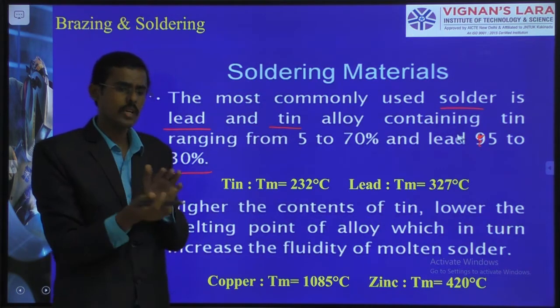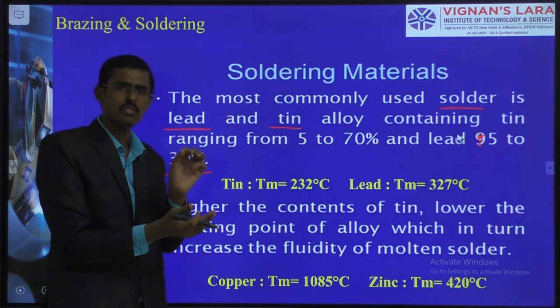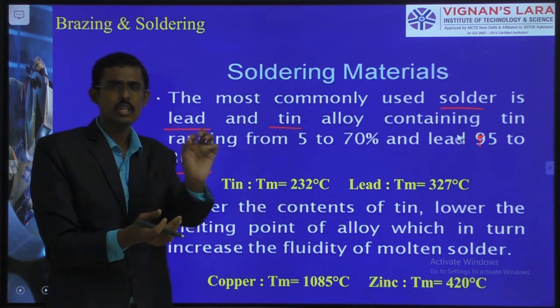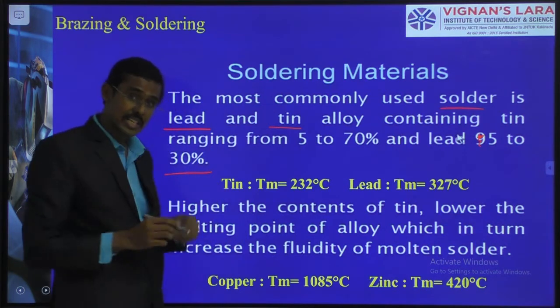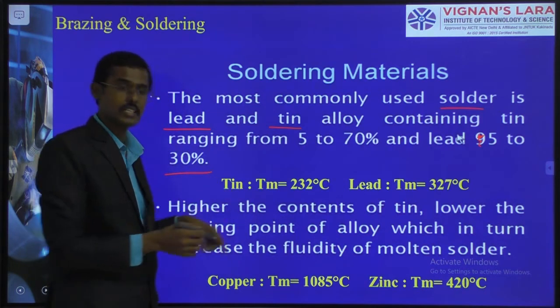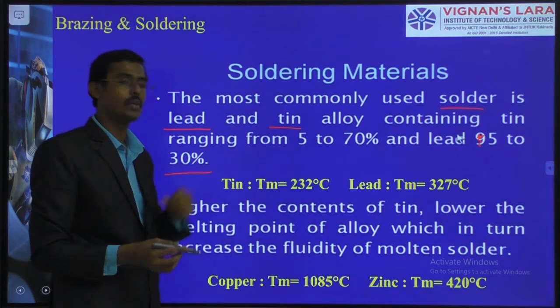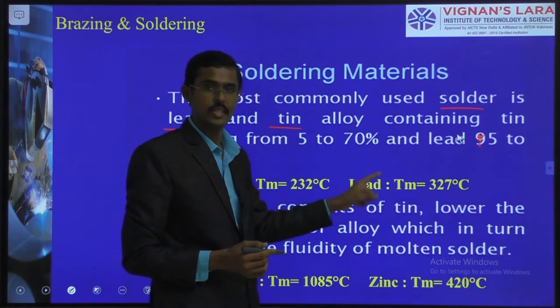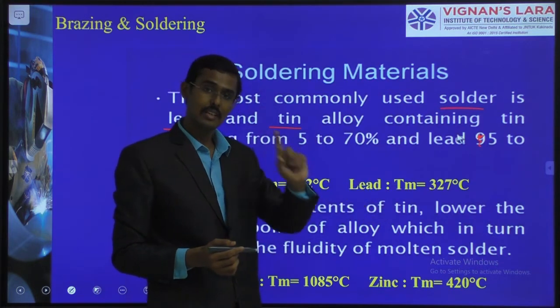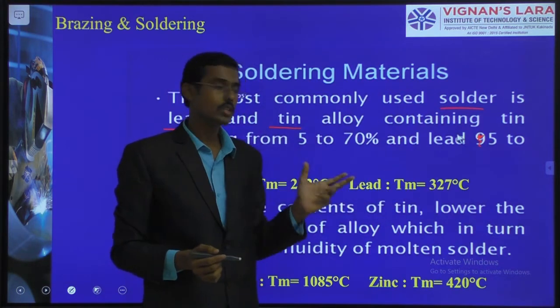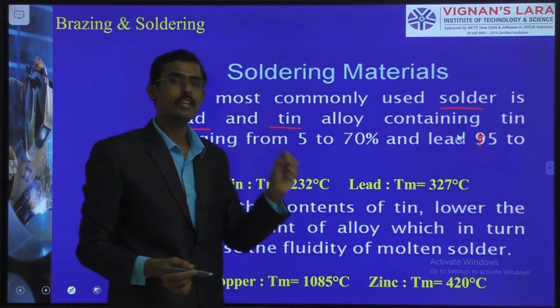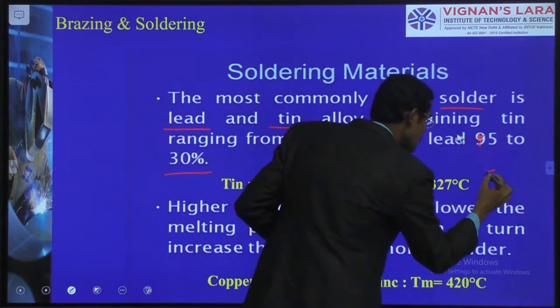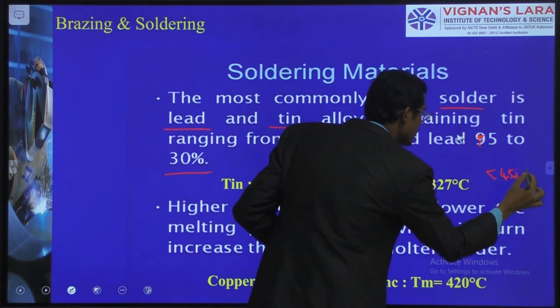Any base material for which soldering is possible, we go for joining. Tin has a melting temperature of around 232 degrees, and lead has a melting temperature, TM, equal to 327. Both tin and lead have temperatures less than 450 degrees centigrade.